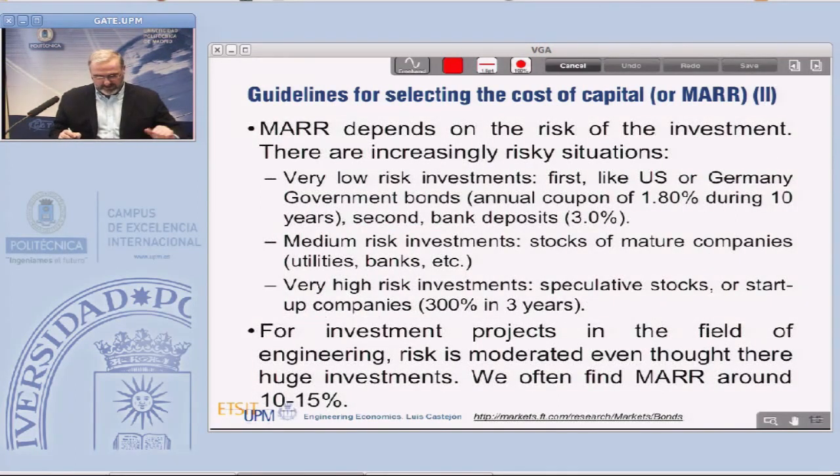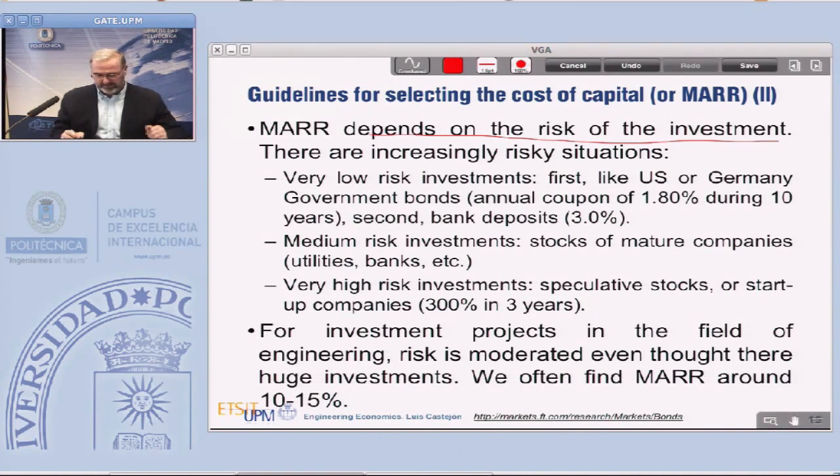As you remember, we were talking about different minimum attractive rates of return, or cost of capital, you can consider depending on the risk. The most important fact is that every investment has risk, and you can't be sure of achieving the return, the minimum attractive rate of return.